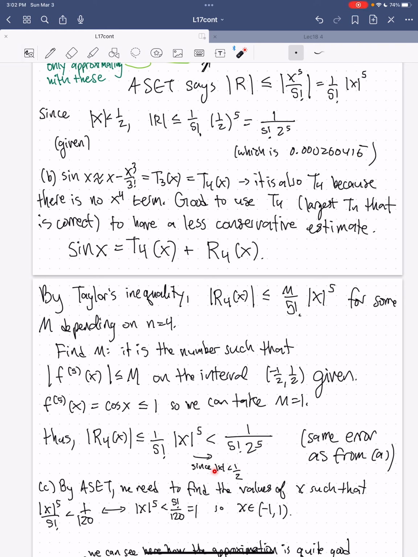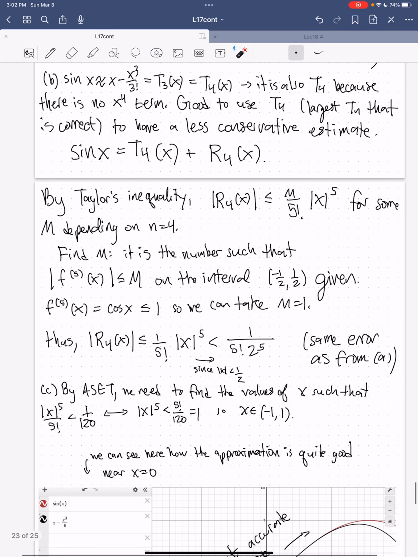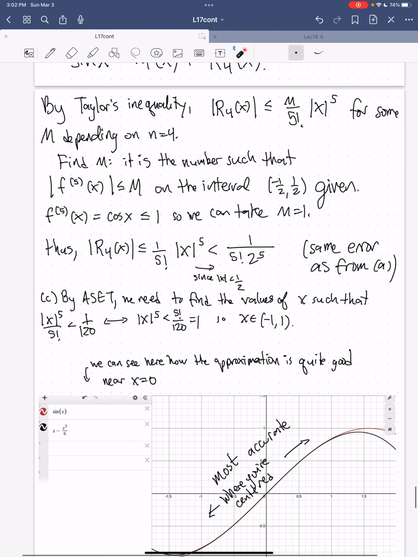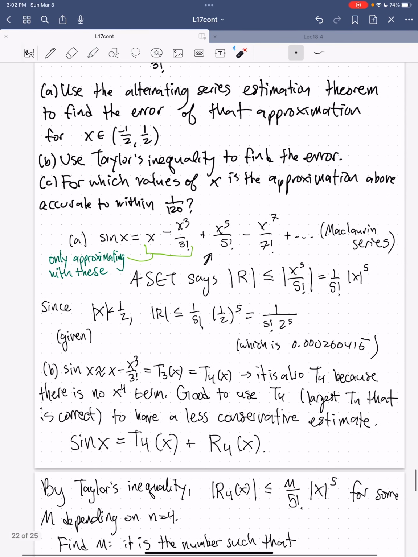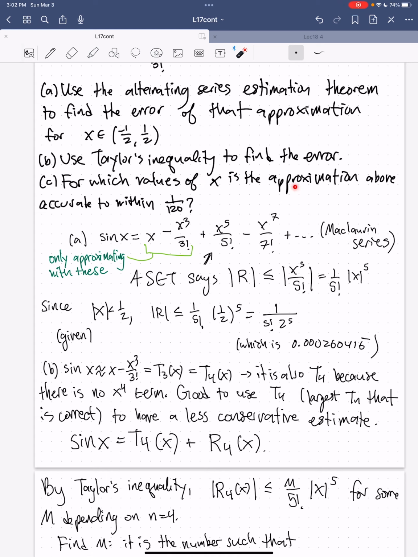Then again, plugging in that absolute value of x is at most 1/2, we get this same number, same one as part A. So that's great. We get the same thing. Then by the alternating series estimation theorem, for part C, again we want to find which values of x the approximation is accurate to within 1 over 120.